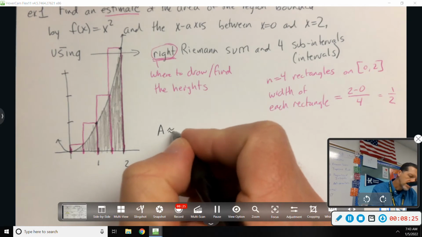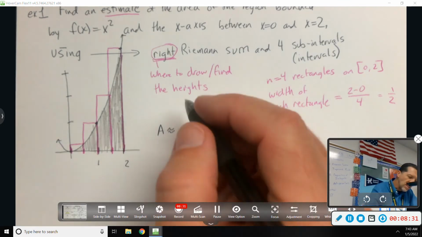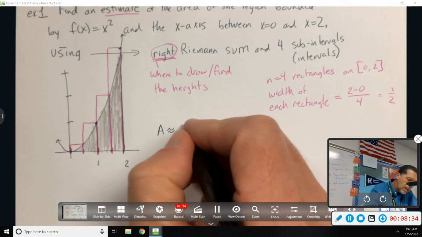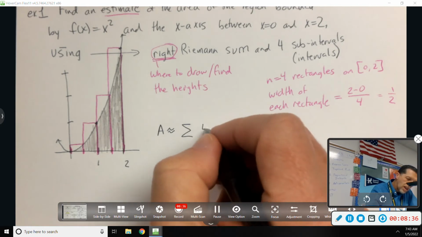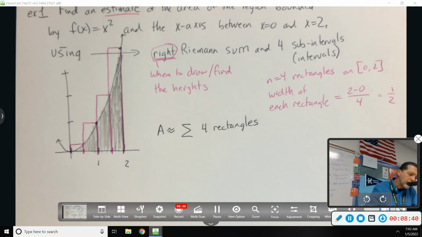To approximate the area, so not an equal sign because we're approximating with these rectangles, all we're going to do is add up the area of 4 rectangles.